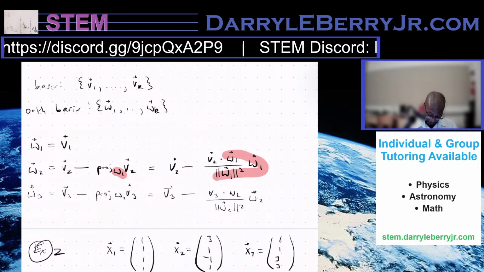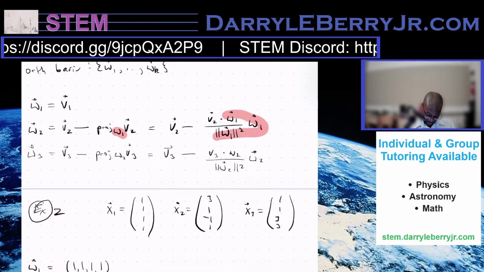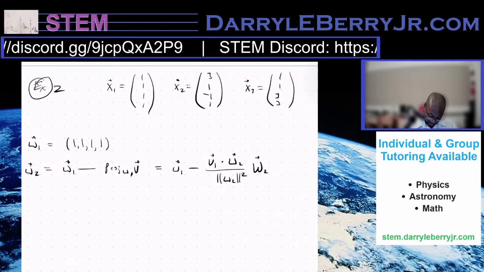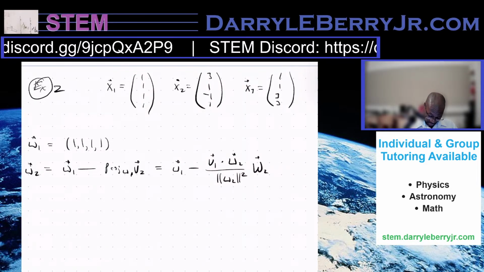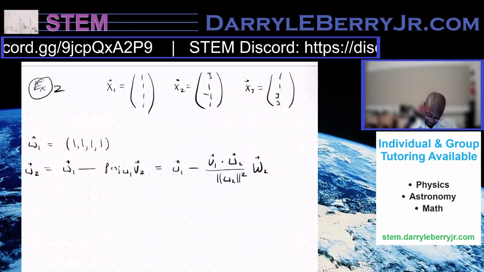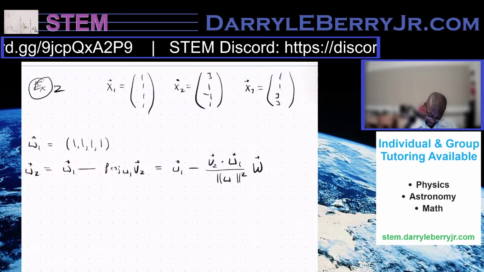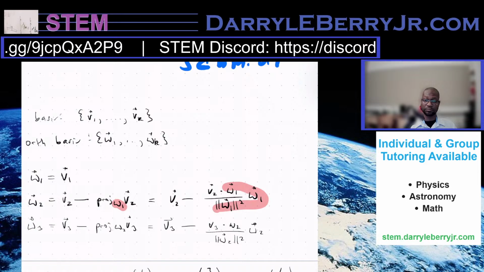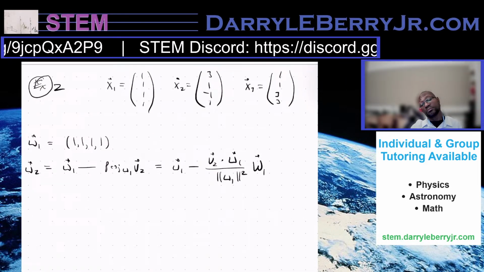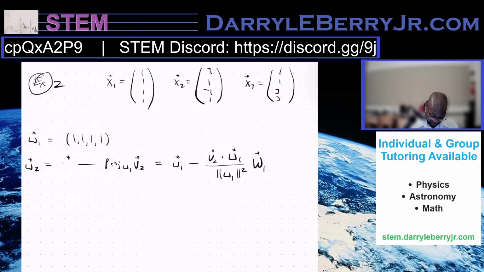I'll make sure I did that right. So everything's right except I switched the numbers. So this is 1 and this is 2. So you're taking the second one and projecting it onto the previous one. So this is 2, 1, 1, 1. And this is actually V2 as well.